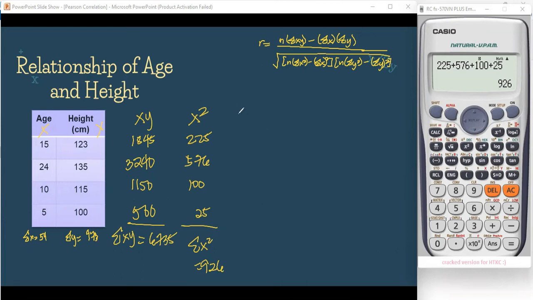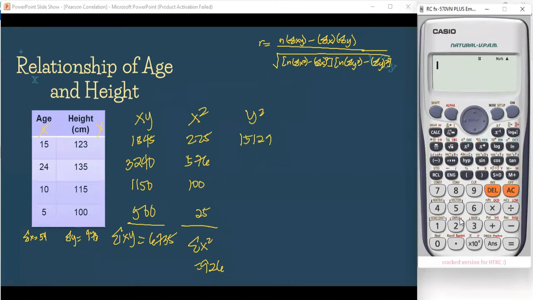So now, let's compute for y squared this time. So y squared natin, 123 squared, that is 15,129.